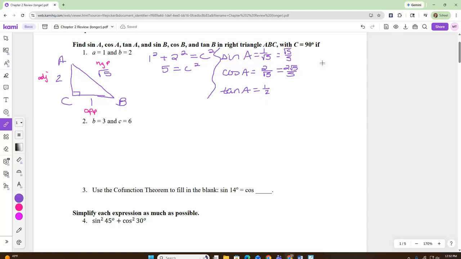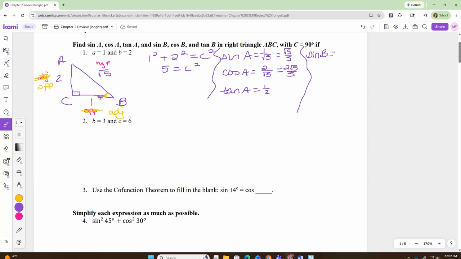Then I ask for the same things for angle B. I'm going to run out of room here. So what happens when I switch my viewpoint to angle B? Now this is my opposite, and this is my adjacent.